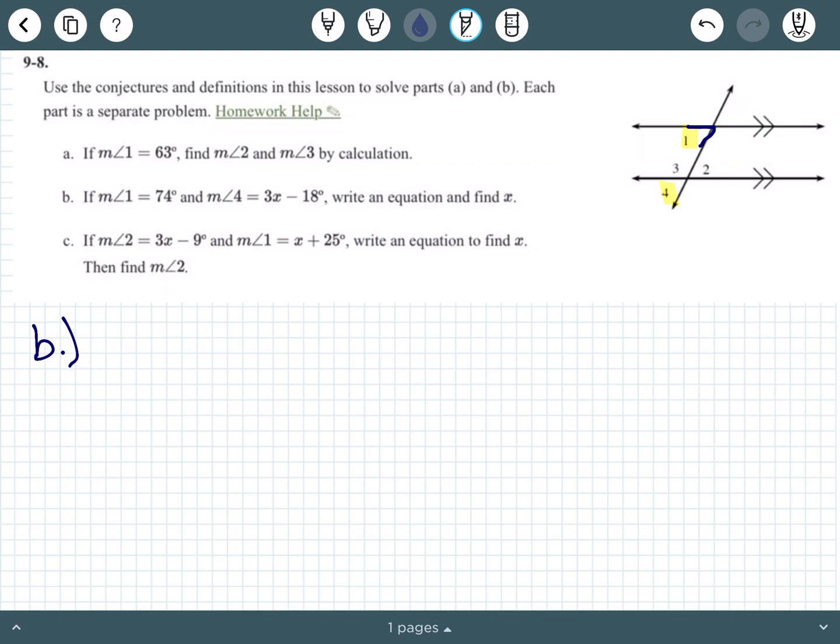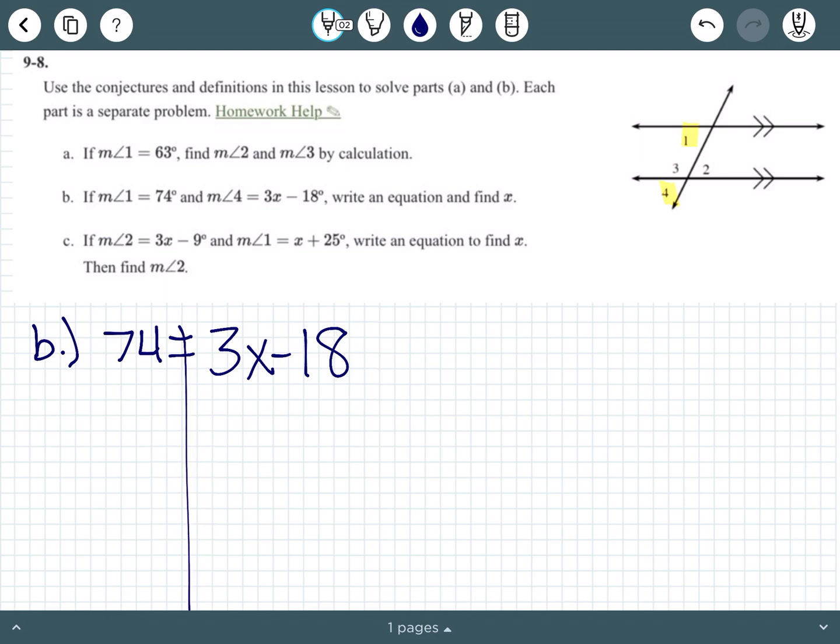So if I need to write an equation for that, what I could do is I could say 74 is equal to 3x minus 18. And then I could just solve like any other equation.